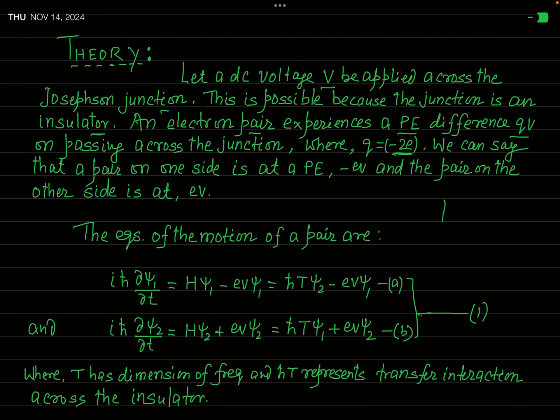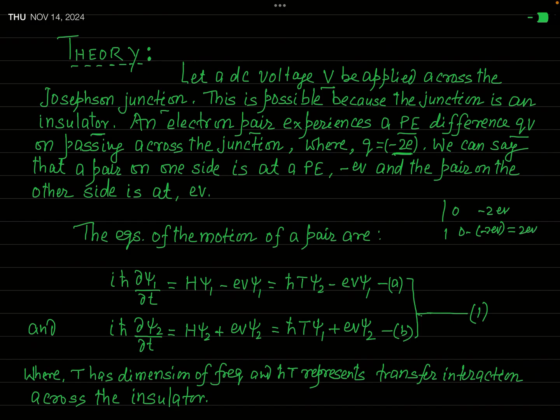So in one region energy will be equal to 0 and in another region energy will be equal to minus 2 eV, and therefore the energy difference is equal to 2 eV.